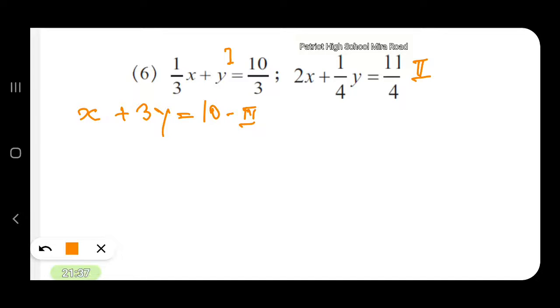And multiplying equation 2 by 4, we have 2 4s are 8x plus y is equal to 11.